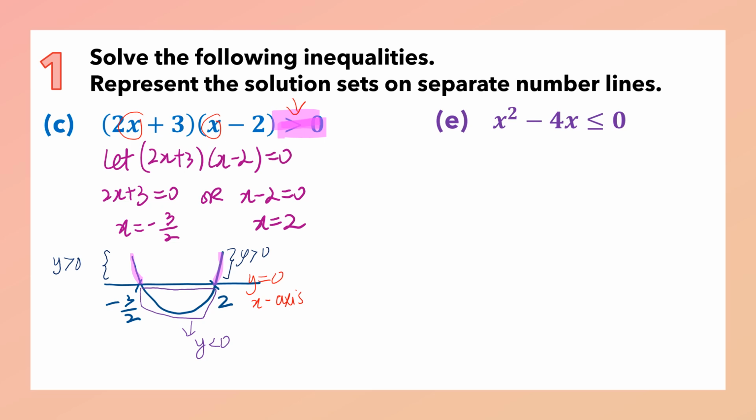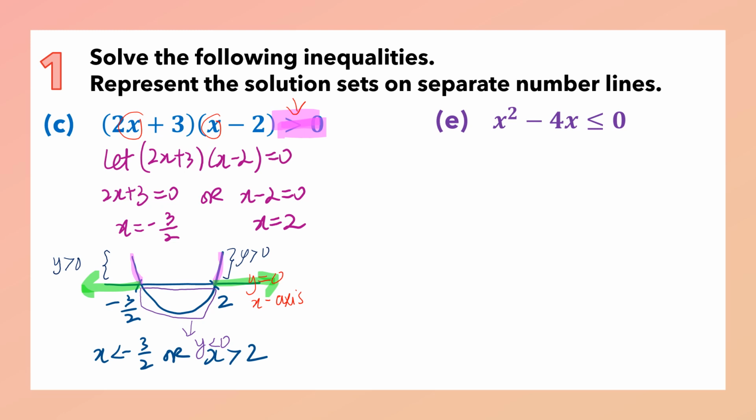The x values corresponding to the first curve will be x more than 2, highlighted in green. For the second curve, also highlighted in green, it will be x less than negative 3 over 2. If you have two separate curves, that means we have two sets of inequality.